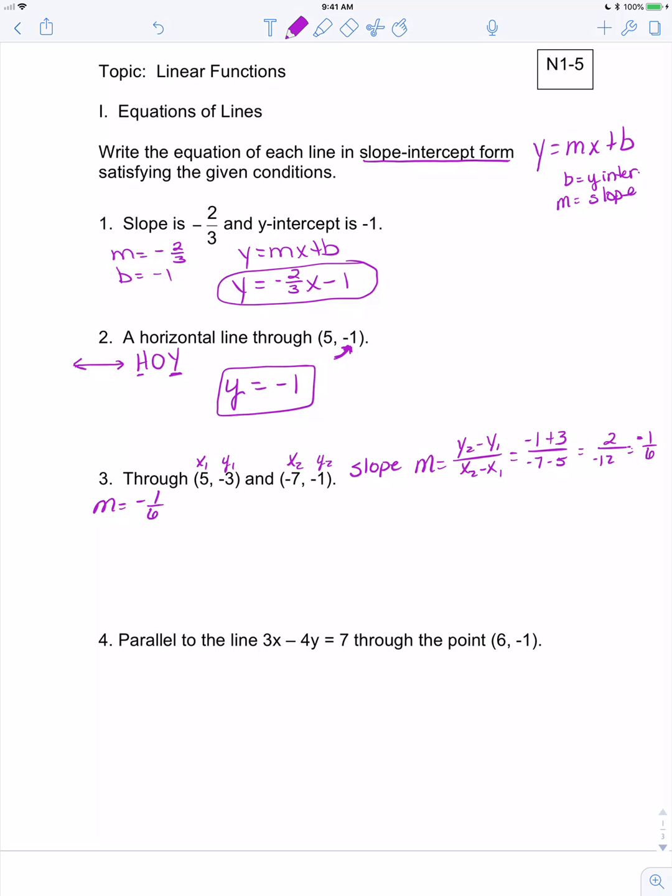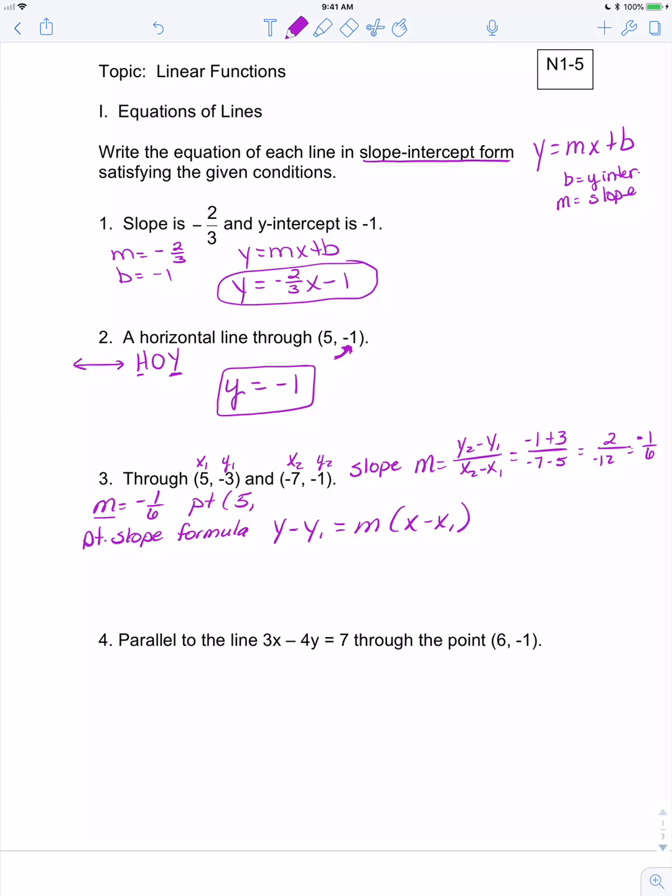We had another formula that we used to use. It's called the point slope formula. It's y minus y1 is equal to m times x minus x1. For this, we already know what our slope is, but we can choose either one of these points on the line.